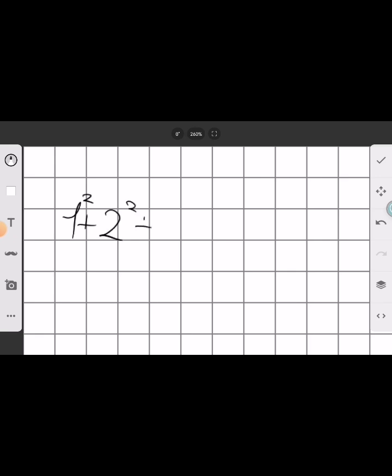1 squared plus 2 squared and so on up to the number n squared.